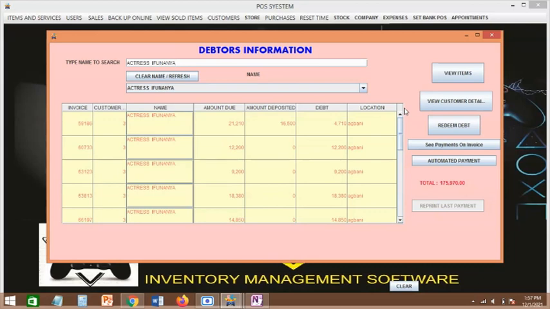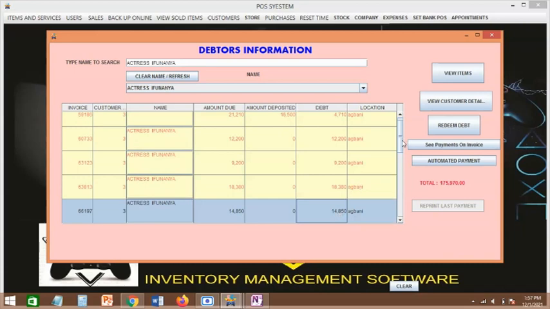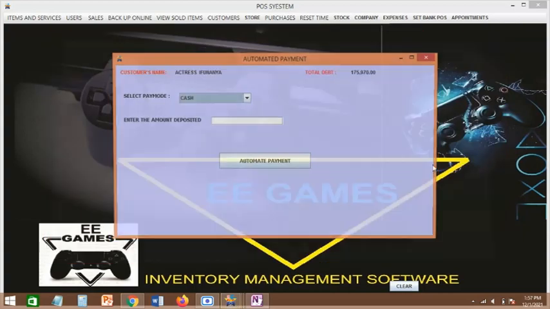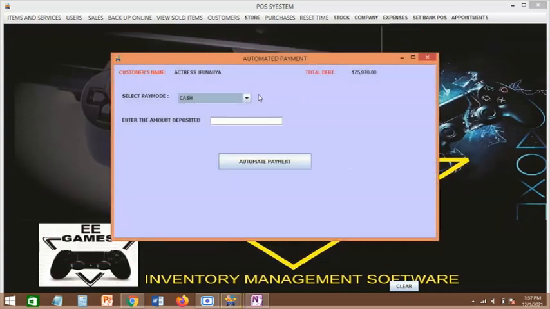All these are invoices that were generated in her transactions, and she comes and says, I want to pay a total sum of 100,000. If you are using redeem debt, you must select the particular invoice you want to pay from. So because she's trying to make a larger payment that will affect many invoices at the same time, I use automated payment.